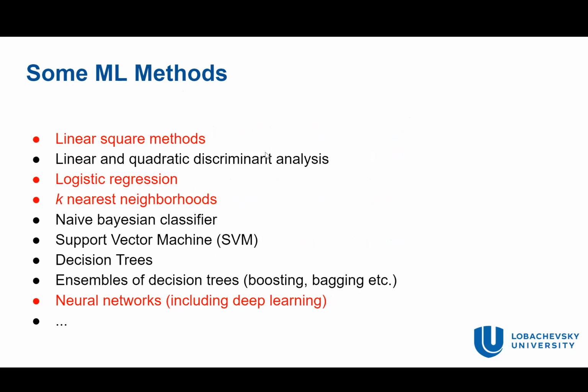But there are other methods, for example, linear and quadratic discriminant analysis, naive Bayesian classifiers, support vector machines, decision trees, ensembles of decision trees, including boosting and bagging, for example, random forests, gradient boosting trees, and so on.